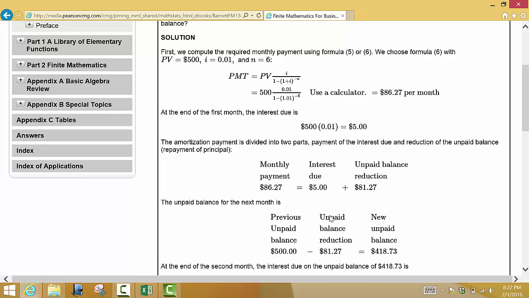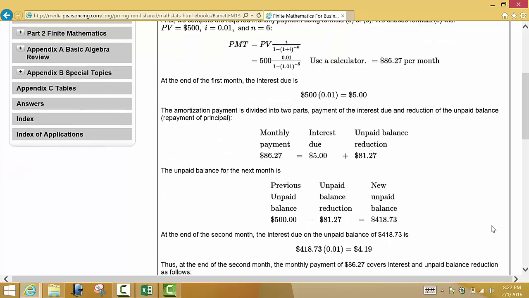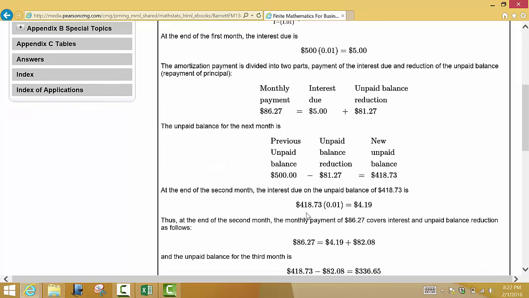Remember that the interest is paid in addition to the loan, so this $5 does not reduce the original balance. At the end of the second month, we take the unpaid balance and calculate the interest on that. The interest is going down because the unpaid balance is going down.